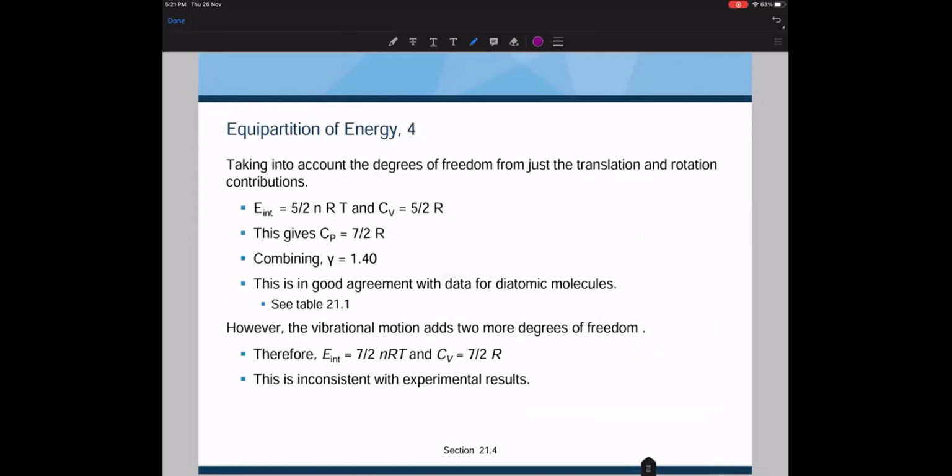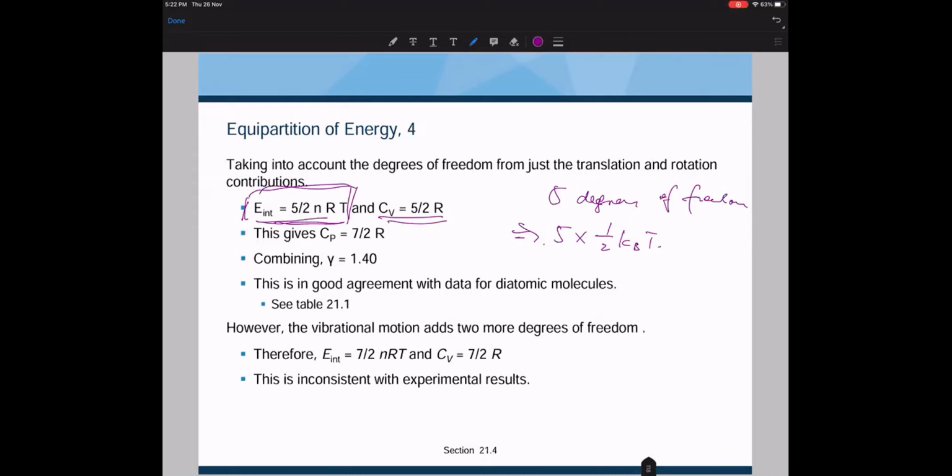Therefore, for the internal energy in the diatomic molecules, CV is equal to 5/2R because internal energy is 5/2 nRT. Equal partition of energy, 5 degrees of freedom, meaning 5 times 1/2 kBT for the internal energy contribution to each molecule.